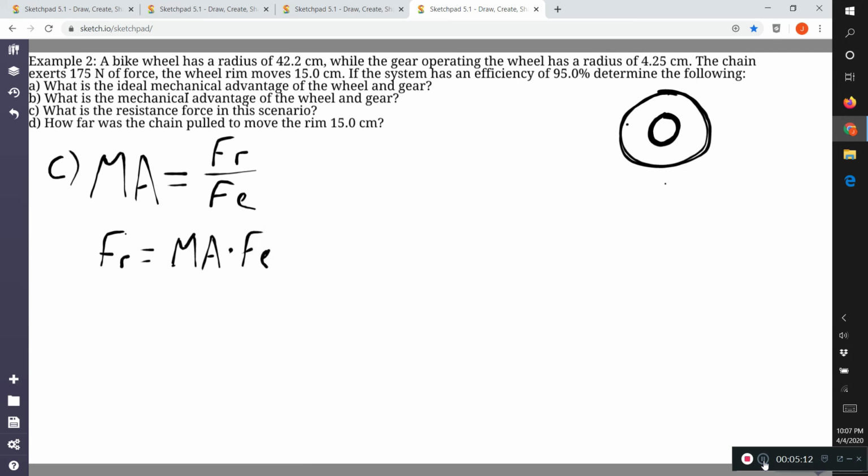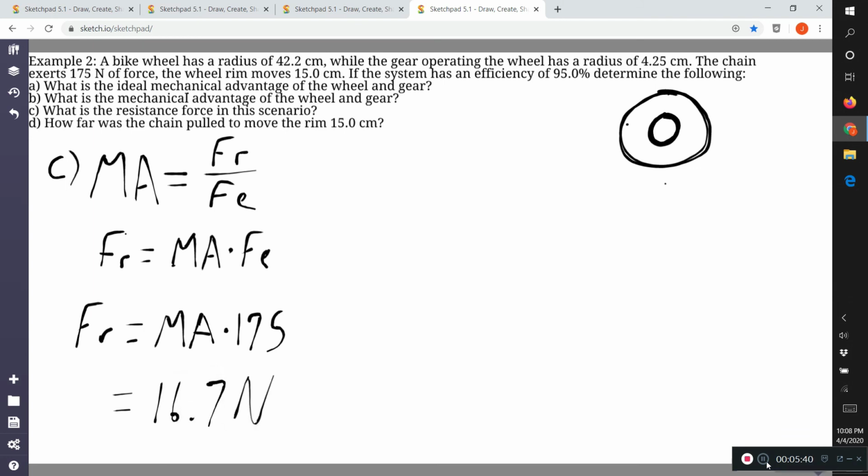Now we know the effort force, but we actually need to go back and use the unrounded version of mechanical advantage. So I'm going to take that out of my calculator and take whatever value I got from my mechanical advantage and multiply that by 175. And when you do that, you're going to get 16.7 newtons.